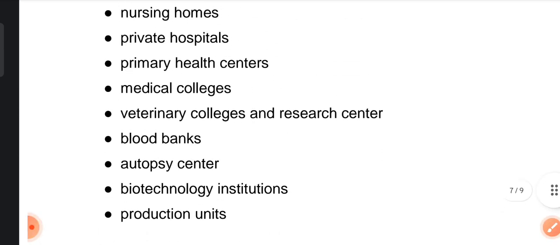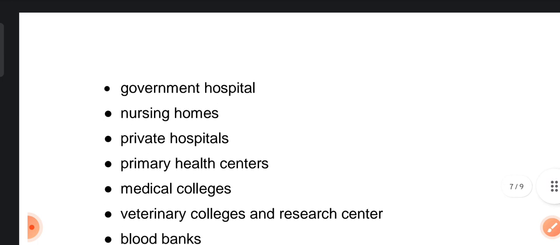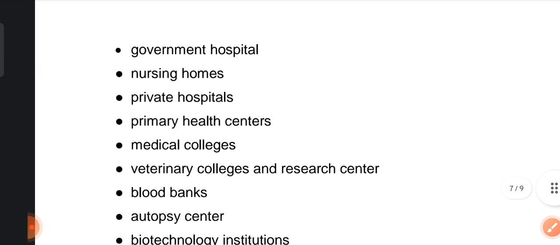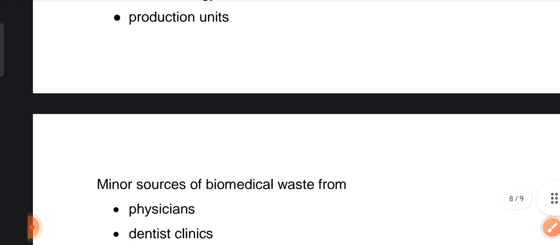These are majorly producing the wastage. Why? Because these are all big organizations, so we can get more biomedical wastage from these units.